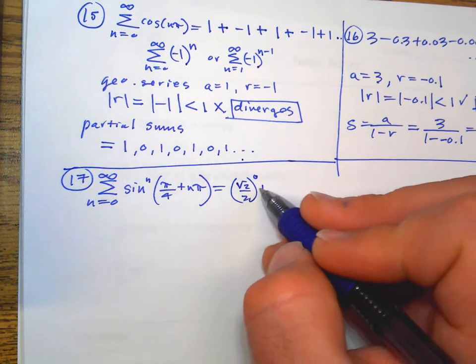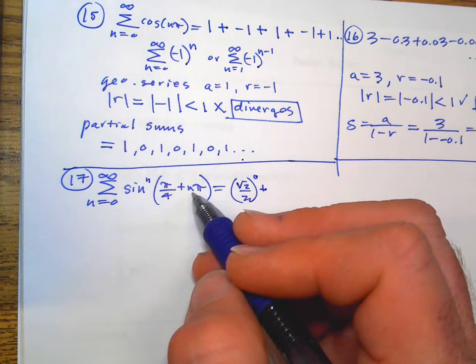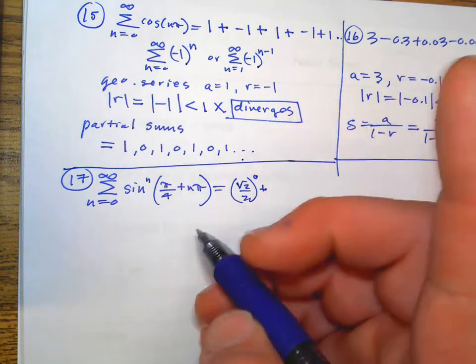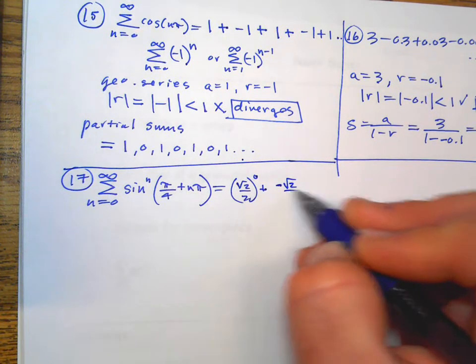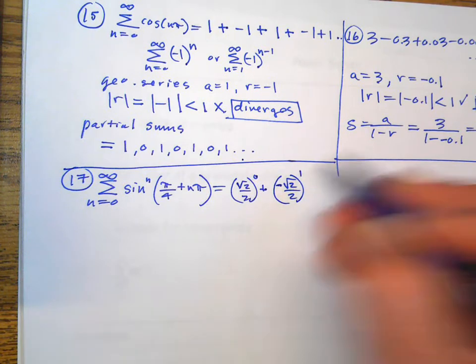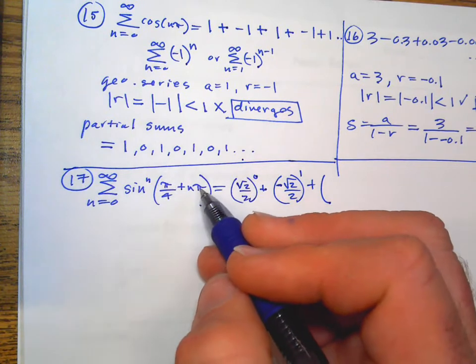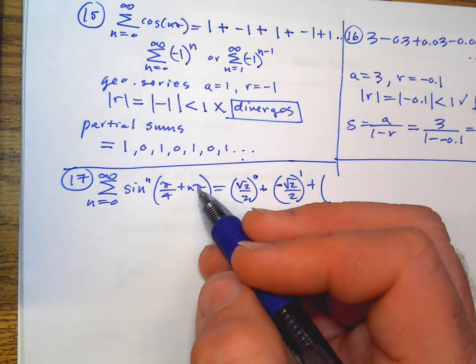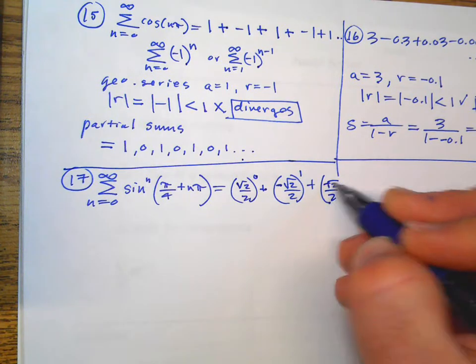And then the next one, n equals 1, that's going to be 5 pi over 4. That's third quadrant, so it's negative, and it's going to be root 2 over 2, and then it's going to get raised to the first power. And then the next one, you plug in a 2, you're back in the first quadrant, so you get root 2 over 2 squared.